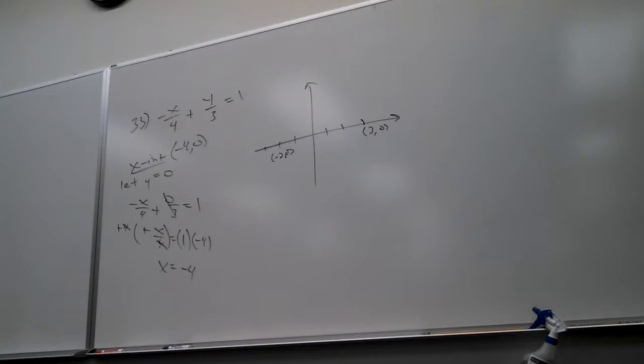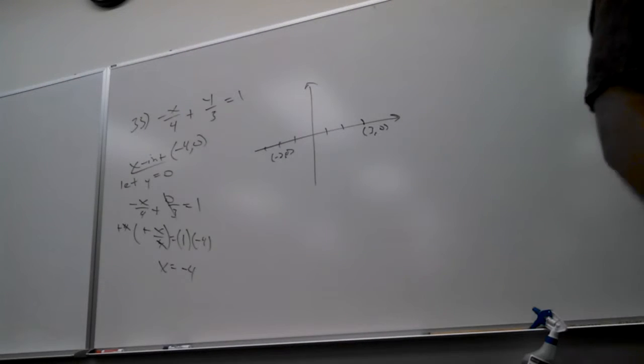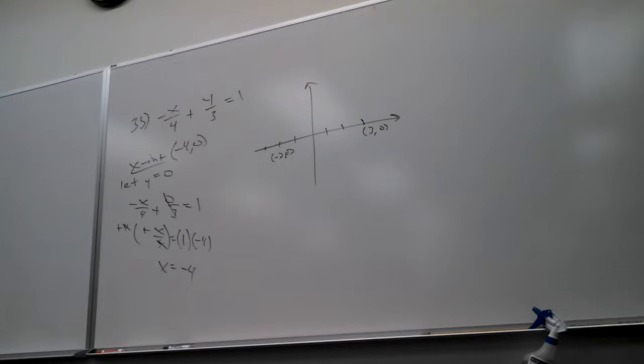So this is 75 in section 3.3. The one about the distance from home? Yep, okay. Gotta be careful.